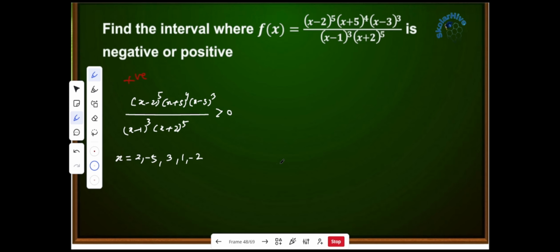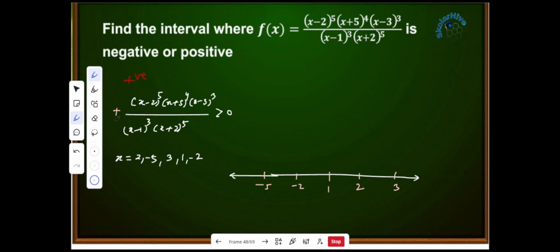Just plot these points in ascending order on a line. So here it is, the smallest one is minus 5, then minus 2, and 1, 2 and 3.